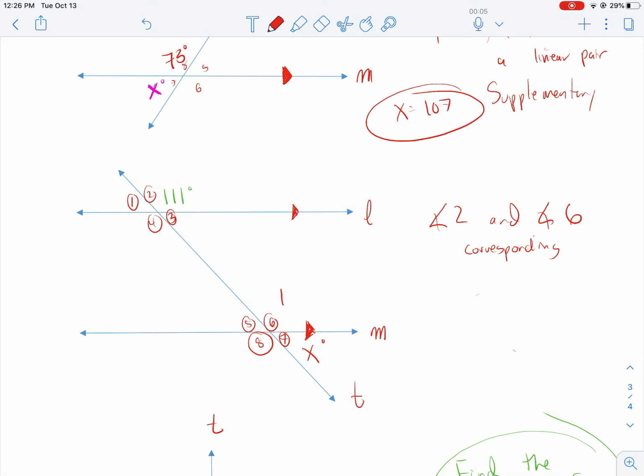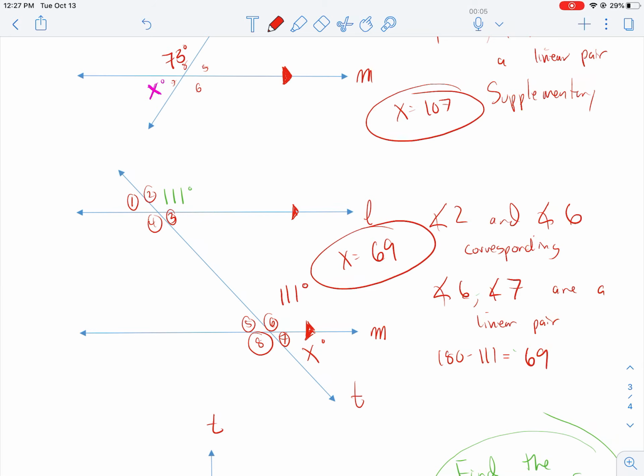So it means 6 is also 111 degrees. So to find angle 7, well, angle 6 and angle 7 are a linear pair, which means they're supplementary. So 180 minus 111 is equal to 69. So x is equal to 69 degrees.